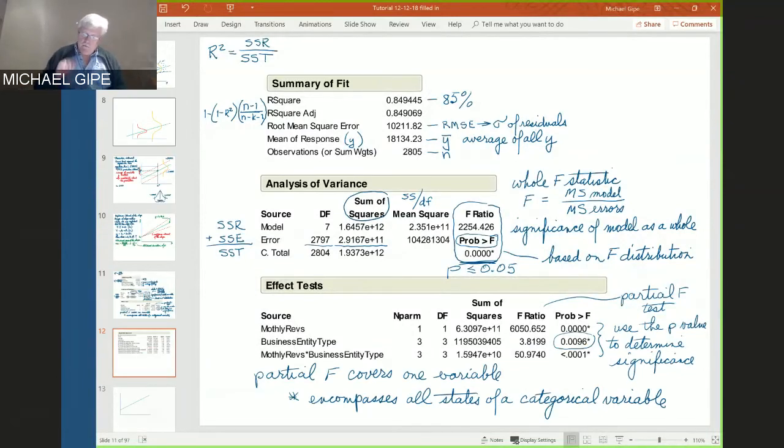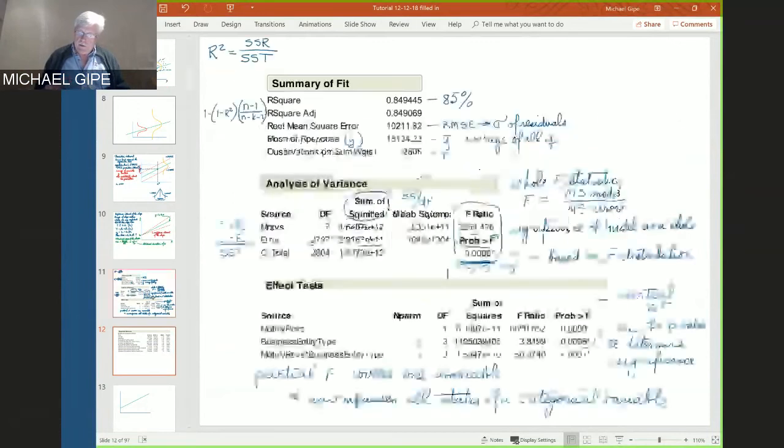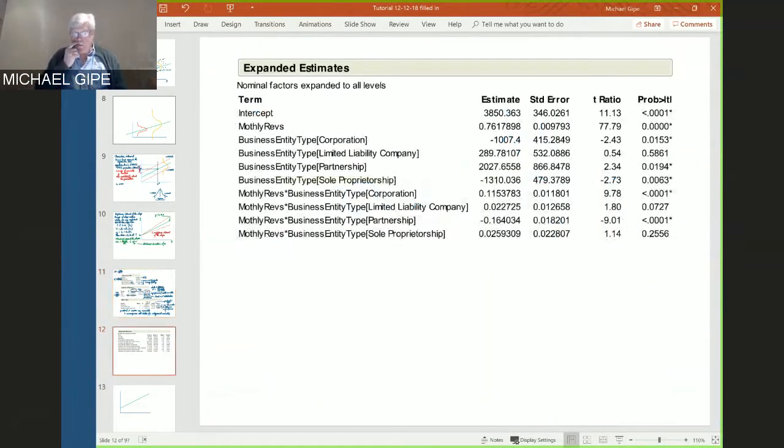Okay, well, finally we get to the core of our model. And in this case, we have what are called expanded estimates. Notice in the effect test here, we had a categorical variable called business entity type, and it was a single line. But what JMP does when we have a categorical variable is it splits it out into multiple X variables. So there's an X variable for one state. In this case, it's corporation.